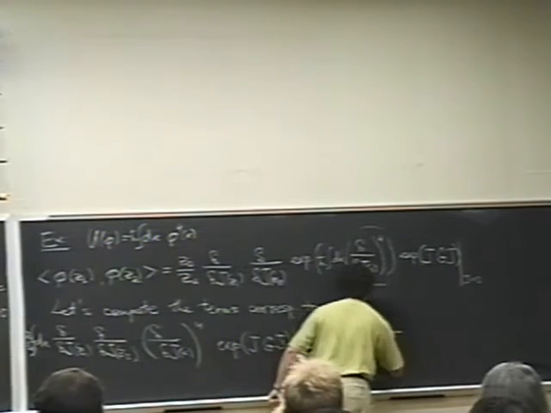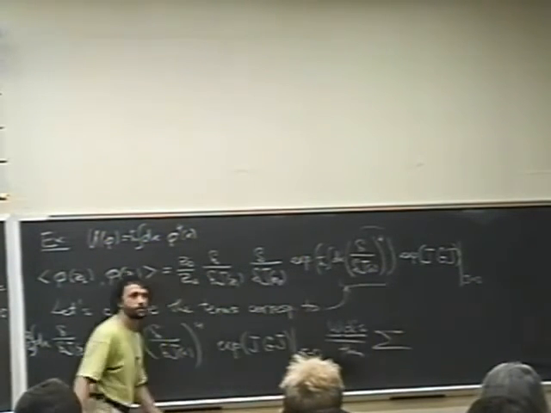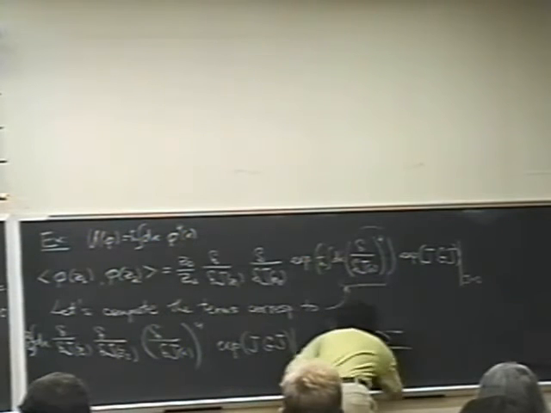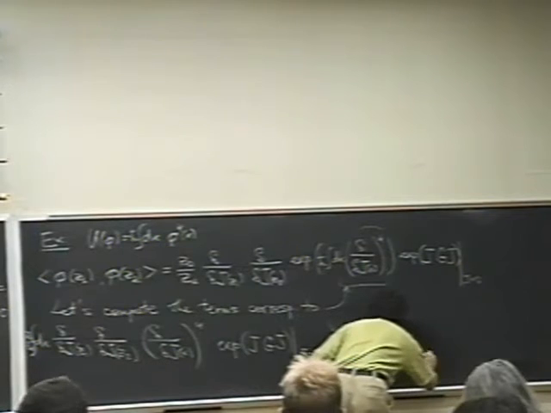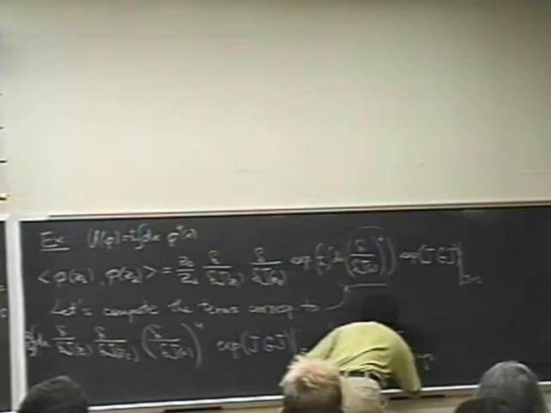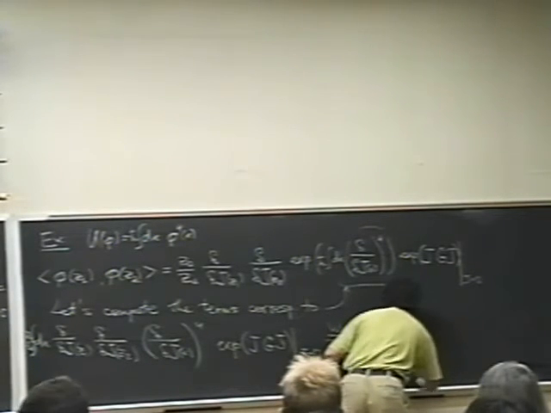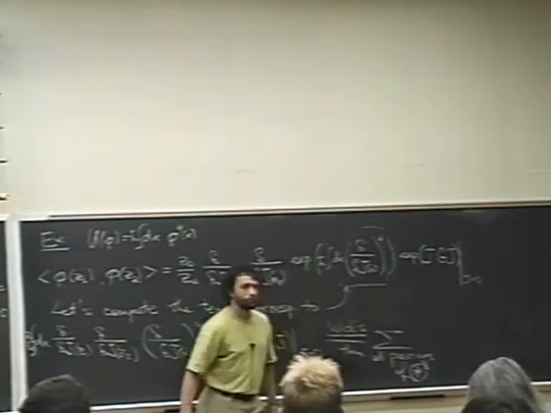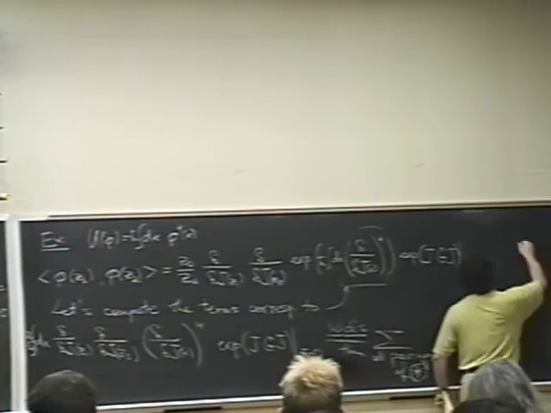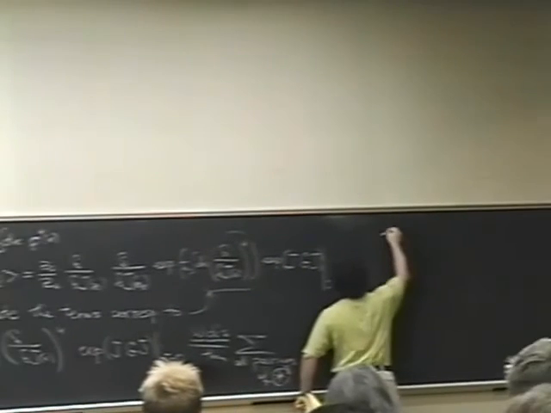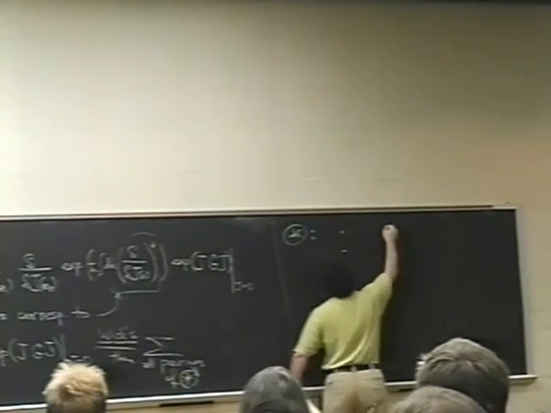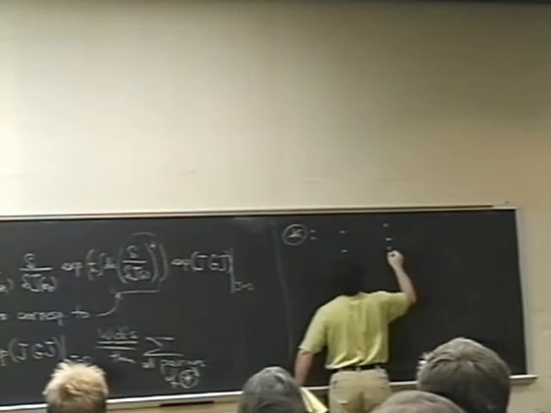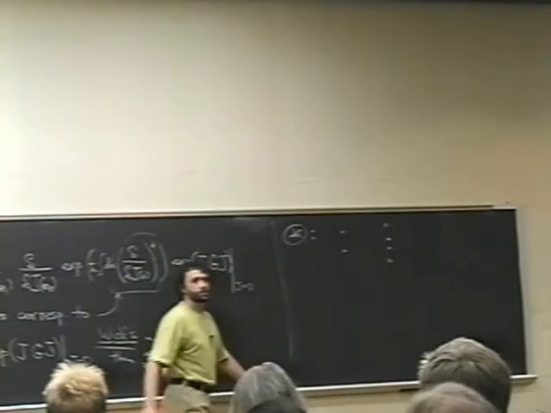By Wick's theorem, it should be the sum of all pairings of what? Here I will draw some big star, say. We have 6 points here.